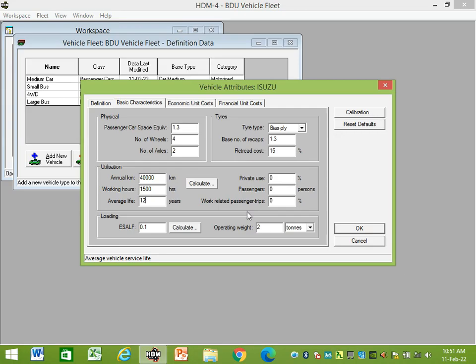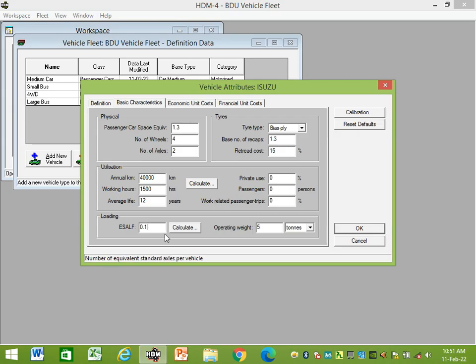It's not a passenger vehicle, it's a freight vehicle, so we don't include any of them. Tonnages: I'm sure the load will be higher, at least 3.5 tons. Operating weight, let's take 5 tons, total the weight of the car itself and the load, about 5.